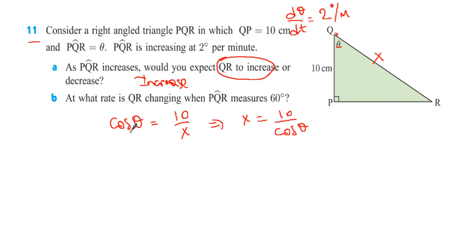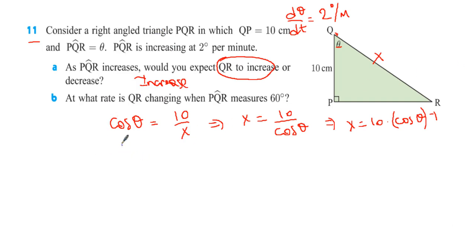Now, if I want to find the rate of change of x, let me rewrite it one more time to make it simple: 10 times cosine theta to the power of -1. Here it's good, because otherwise you need to use the quotient rule, which will be very long. Here is the simple one, just a simple differentiation.